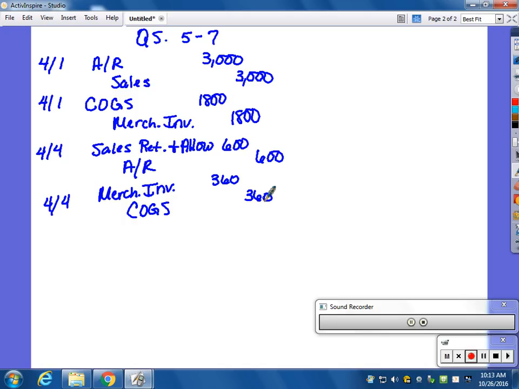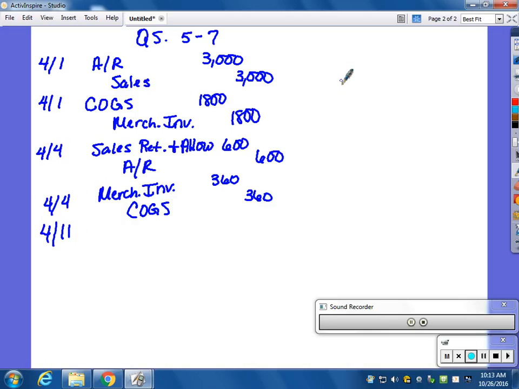And then lastly, April 11th, it says receive the payment of the amount due from April 1st sale less the return on April 4th. Now my question is, are they in the discount period on April 11th? Yes. They're in the discount period. So if they're in the discount period, we not only have to do the discount on the amount less their credit, right?